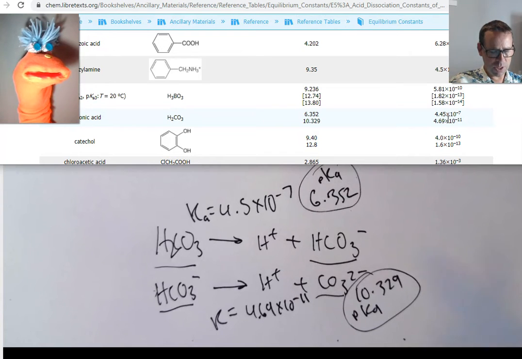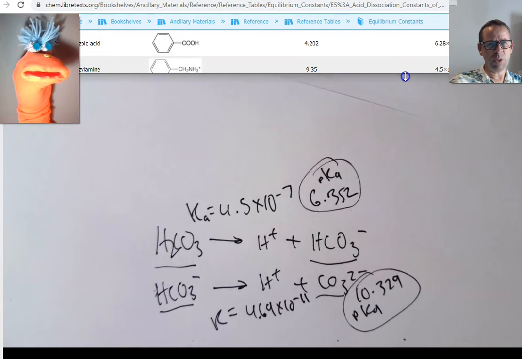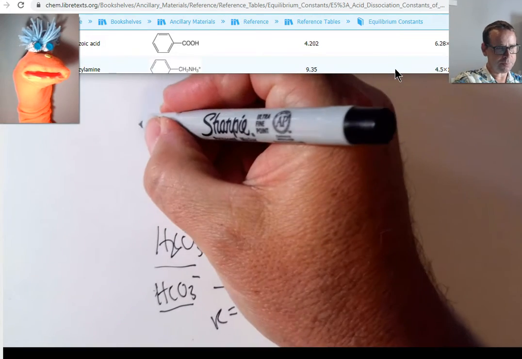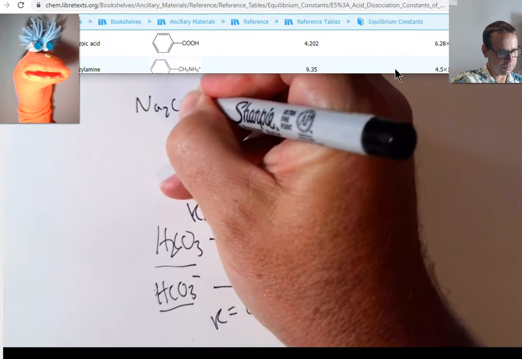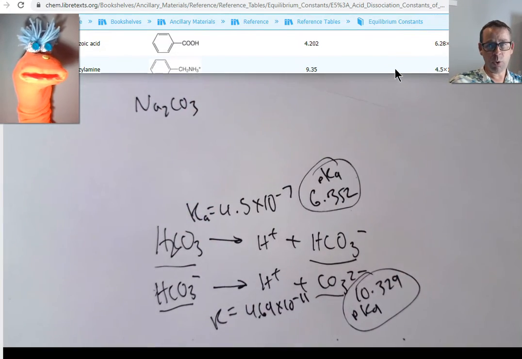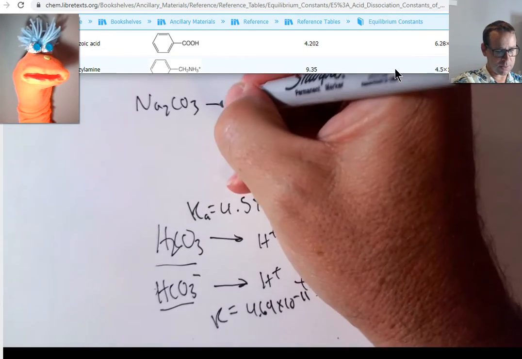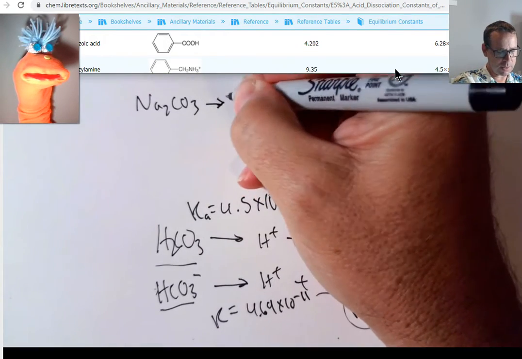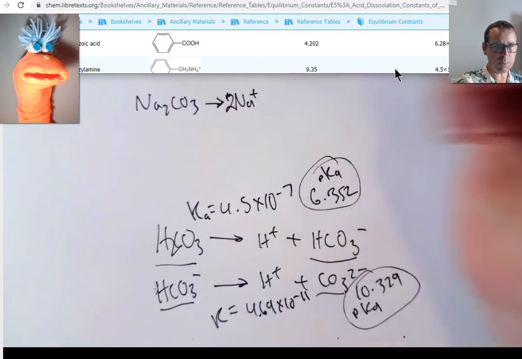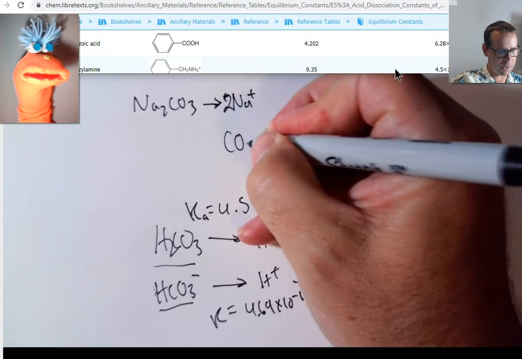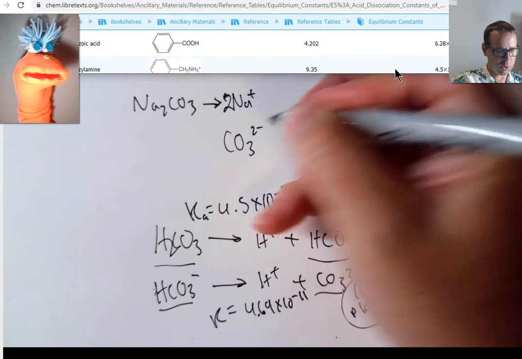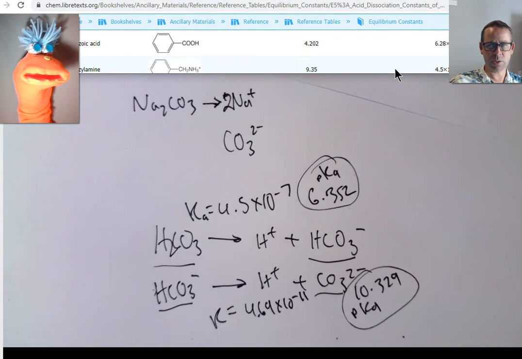So this 10.329 also gives us an idea of what the pH will be when we add something like sodium carbonate into solution. Because when I add sodium carbonate into water, right away the sodium ions completely separate, and I have basically the CO3 2 minus species in solution.